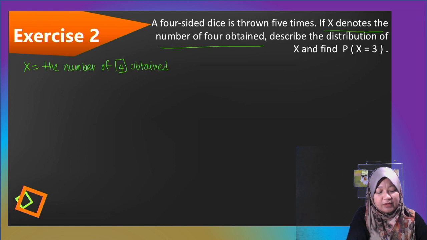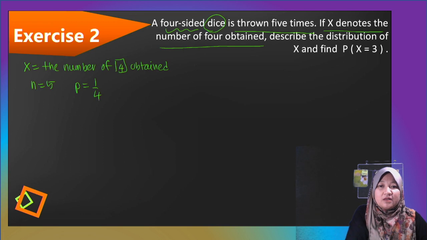Okay, kemudian dia kata apa? This is about dice. Dice thrown 5 times. Maksudnya N kita adalah 5. Okay, kemudian dice ni ada 4-sided. Maksudnya probability untuk mendapat nombor 4 adalah 1/4 lah.